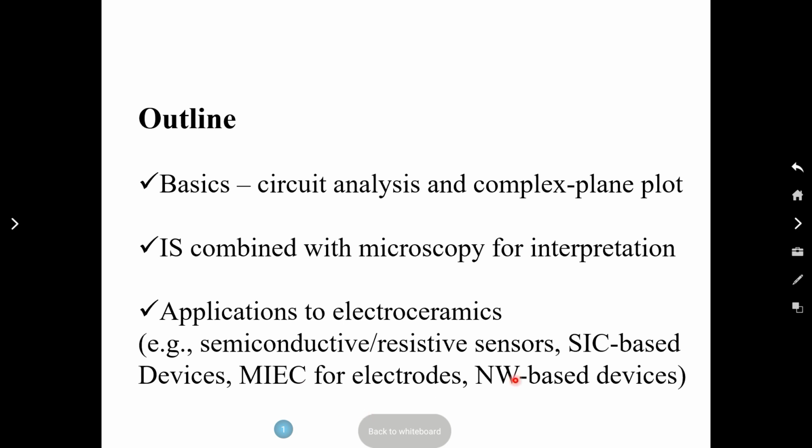And the final example would be nanowire-based devices, where you make nanowires and use those nanowires to make devices. And then you can do this AC electrical measurement, sort out what's happening in those devices. Typically, you make nanowires. I'll talk about some of the techniques by which you can make nanowires on a substrate, for example.